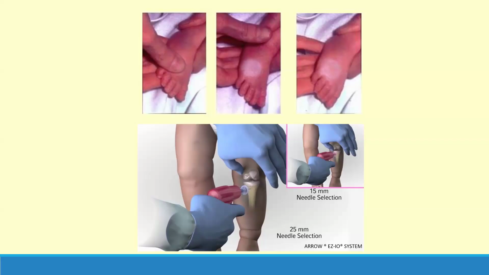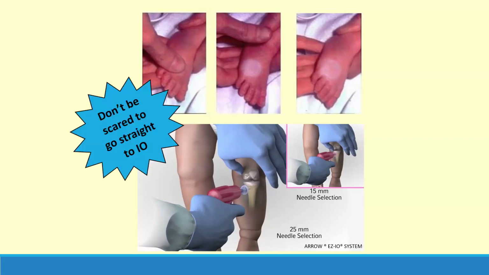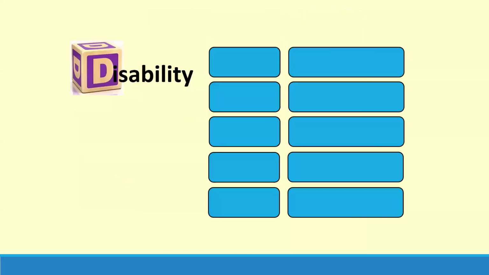You do not need to use local anesthetic. You need to get this in, resuscitate and treat the child. There is a bit of pain on the periosteum, but beyond that, honestly, they really do not respond as much as you would expect. So we would encourage early IO access if that's your only route of access.